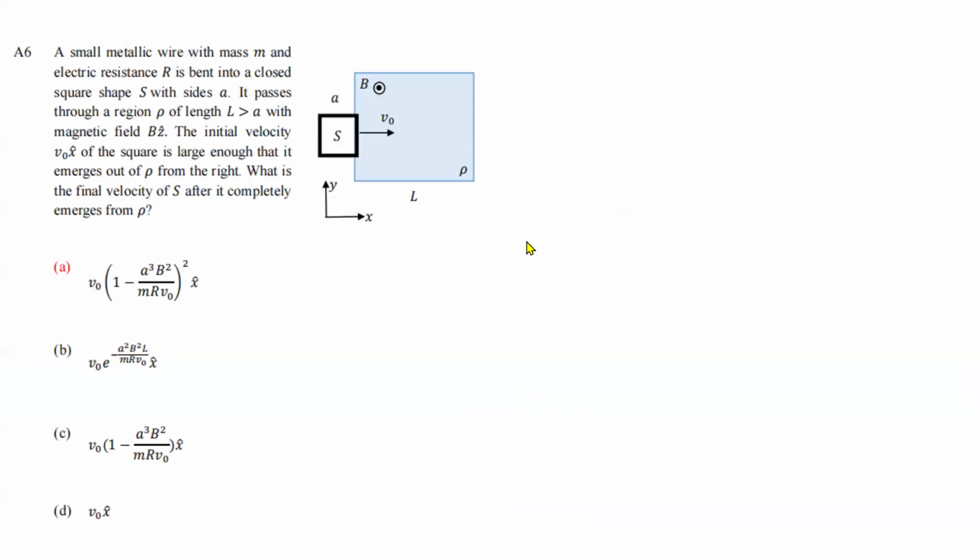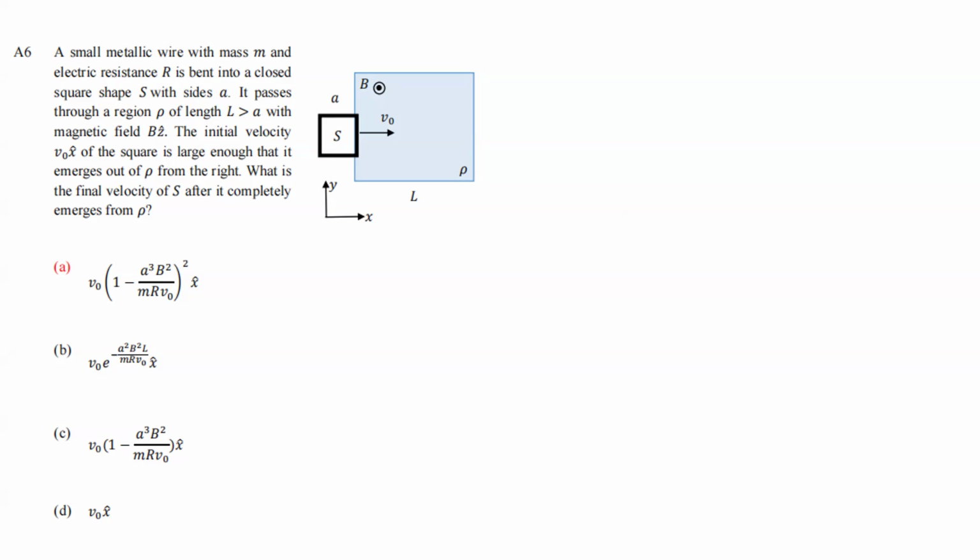The problem states that a small metallic wire with mass m and electric resistance R is bent into a closed square shape S with sides A. It passes through a region ρ of length L greater than or equal to A, in which there is a magnetic field B in the Z direction, right?